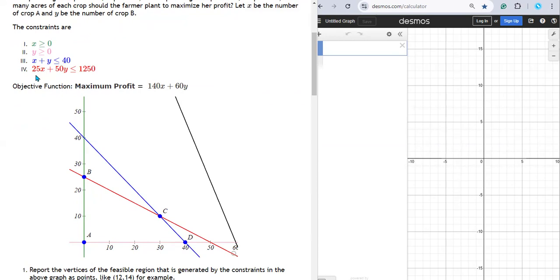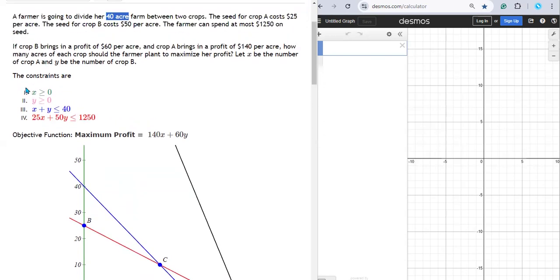Now the last constraint, 25X plus 50Y, this is the cost constraint. If the farmer decides to do 1 acre of crop A and 1 acre of crop B, then that will cost her $25 for crop A and $50 for crop B. 25 plus 50 is 75. 75 is less than her budget of $1,250.